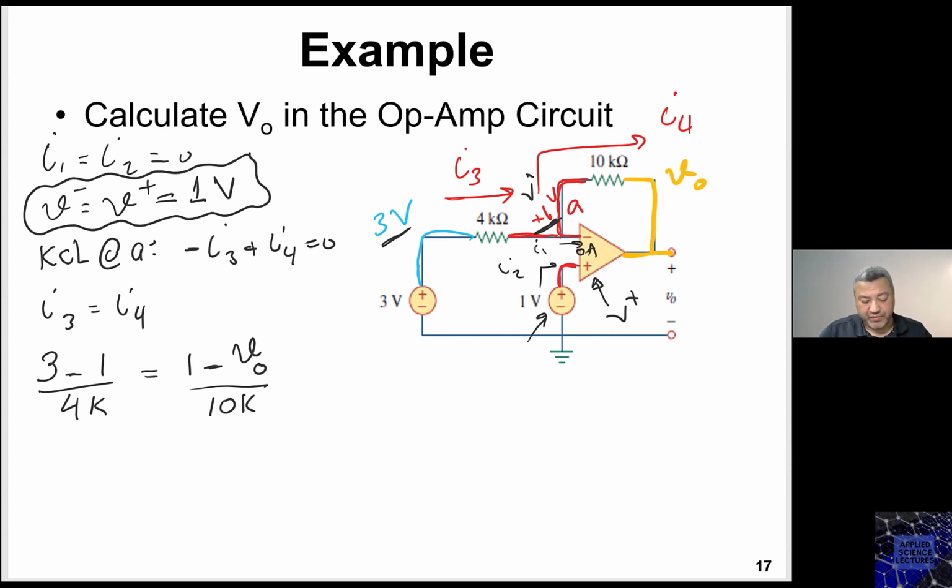Is this true for all op-amp circuits? Is the V minus node always equal to the V plus node, or is that just specifically this circuit? That's correct. This is the second rule, Liam, in analyzing circuits with op amps.